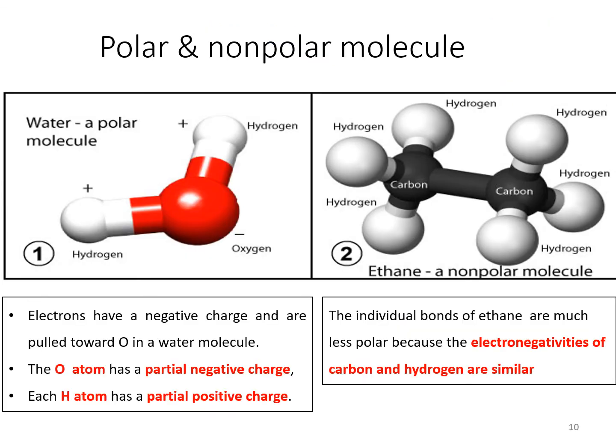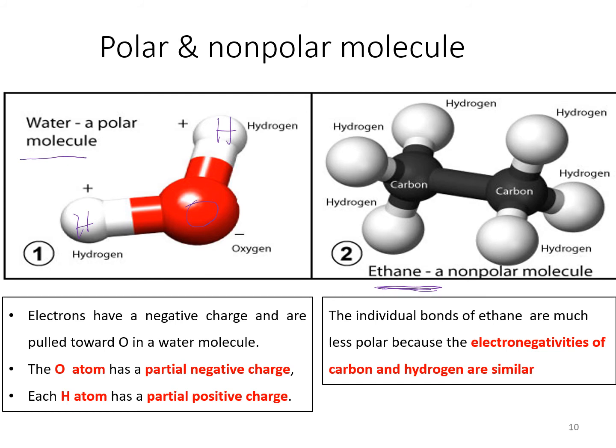In this diagram, it shows you 2 different molecules. The first one here is a water molecule, and the second one here is ethane. Ethane is an example of a hydrocarbon, composed of carbon and hydrogen. The water molecule is composed of 1 oxygen bonded to 2 hydrogens.